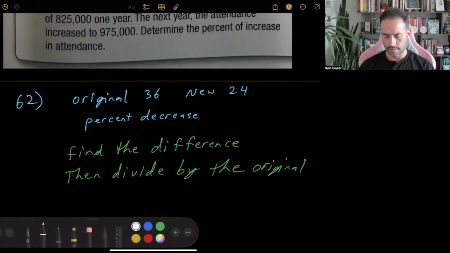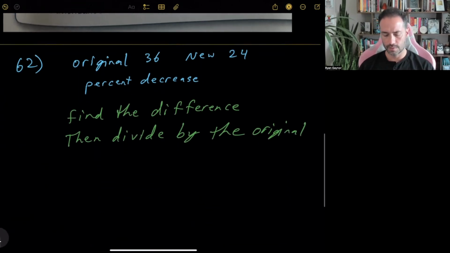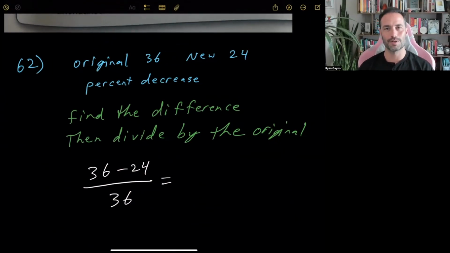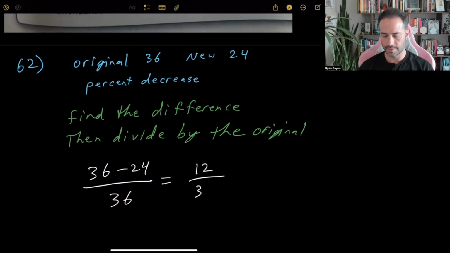Okay, so let's do it. We have 36 minus 24 divided by the original, which is 36. All right, so 36 minus 24 is 12 divided by 36.